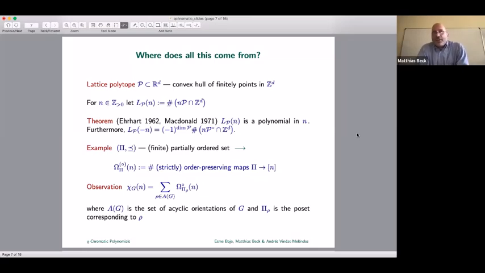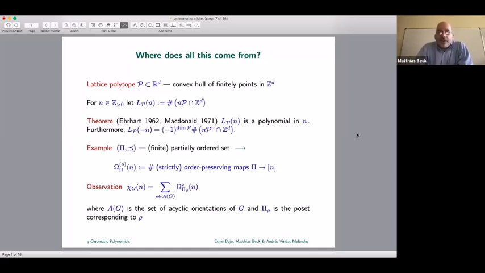And the connection to this whole chromatic world is that you can compute the chromatic polynomials with these strictly order preserving maps. If you think of a coloring, each coloring gives rise to an orientation simply by orienting each edge by the color gradient, and that gives you a poset because you don't have a cycle.